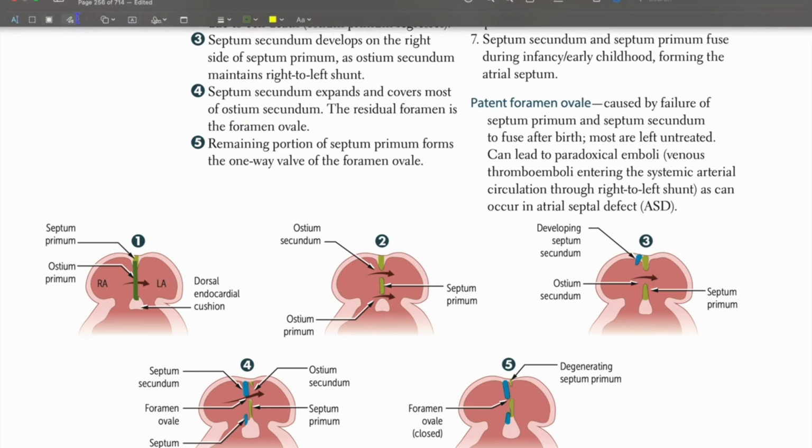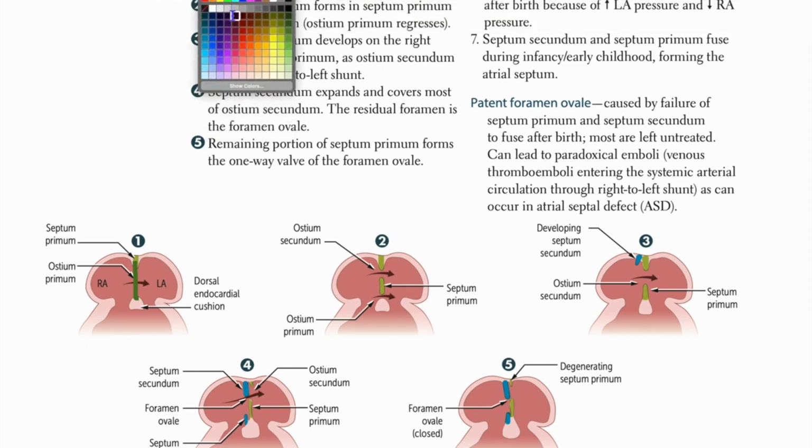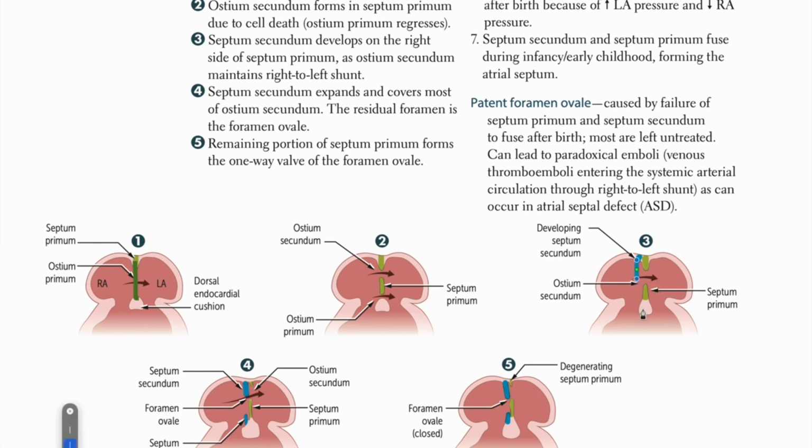Let's do this in blue. This is going to grow towards the cushion as well, and come up here, and we already have ostium secundum. So septum secundum develops on the right side of the septum primum, as ostium secundum maintains the right to left shunt.